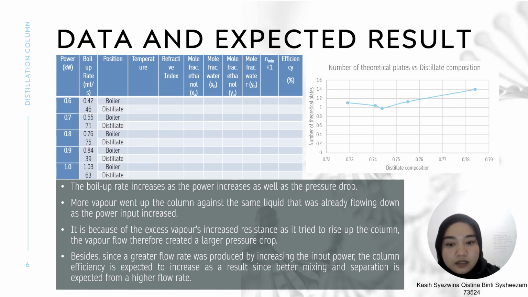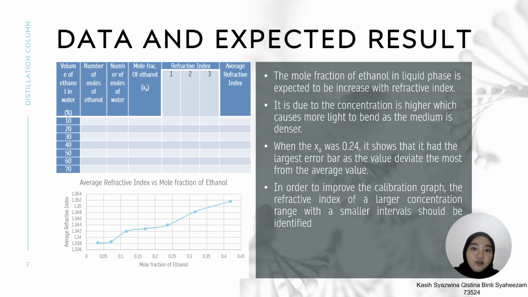Besides, since a greater flow rate was produced by increasing the input power, the column efficiency is expected to increase as a result, since better mixing and separation is expected from a higher flow rate. The mole fraction of ethanol in the liquid phase is expected to increase with refractive index.